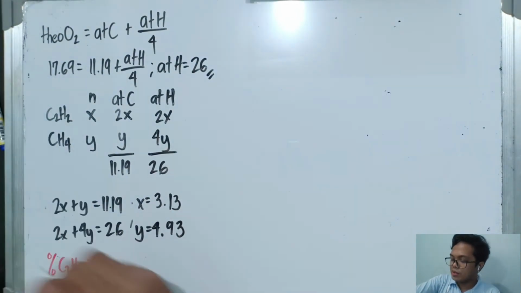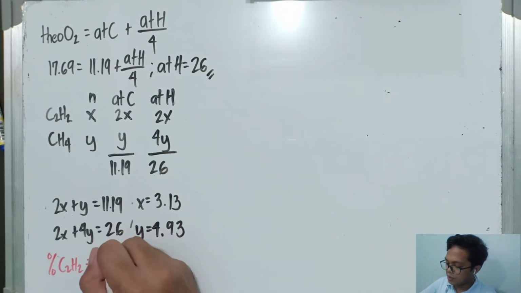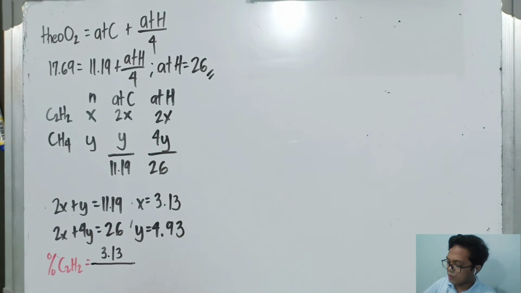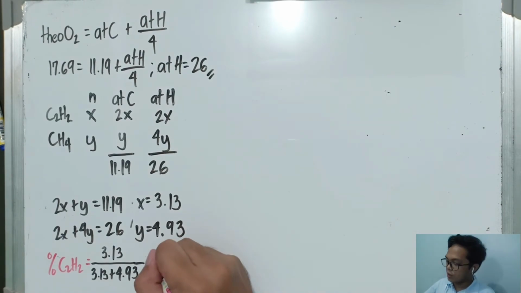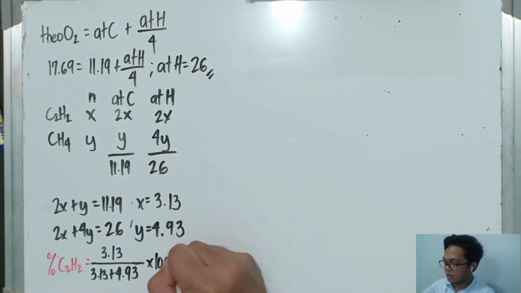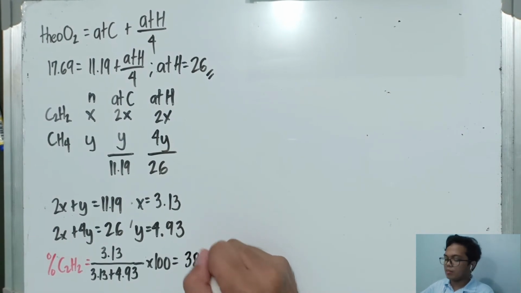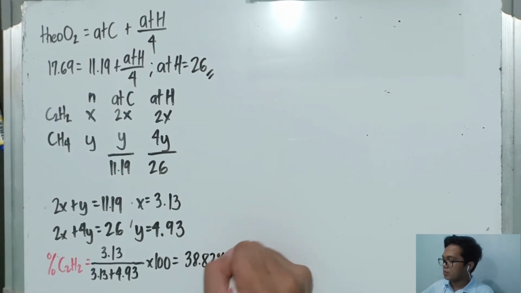So our number of moles of acetylene is 3.13. And for the total, we just need to add acetylene, which is 3.13, plus our methane, which is 4.93. Then, since this is a percentage, we multiply it by 100. So for acetylene, we should get 38.83%.